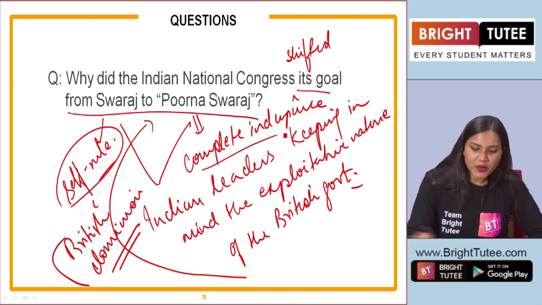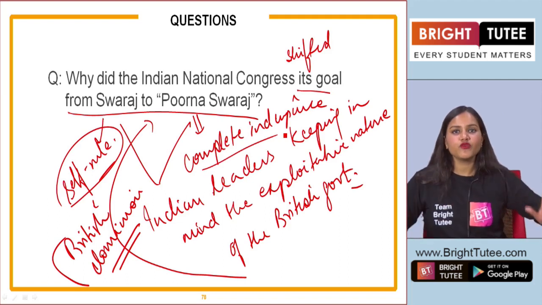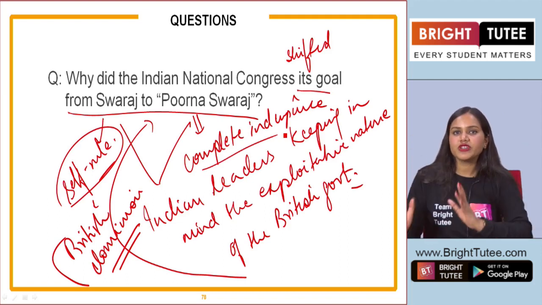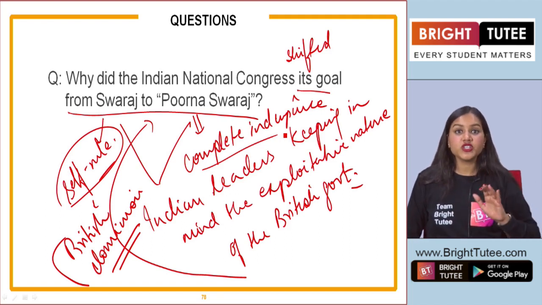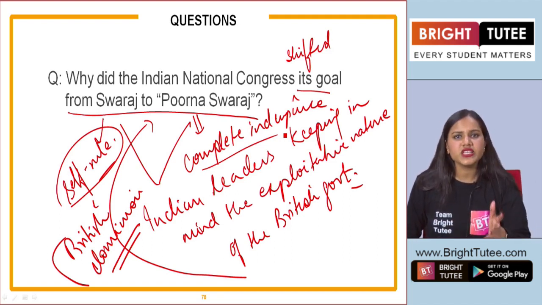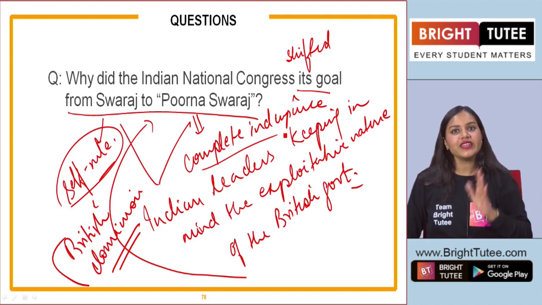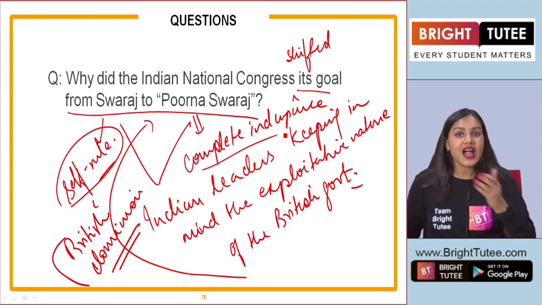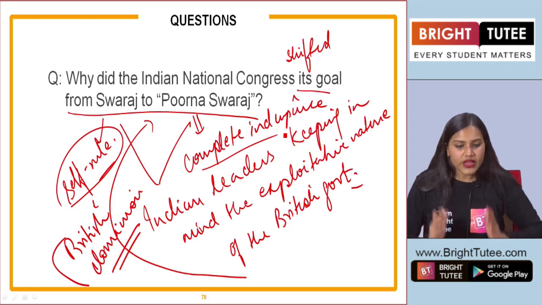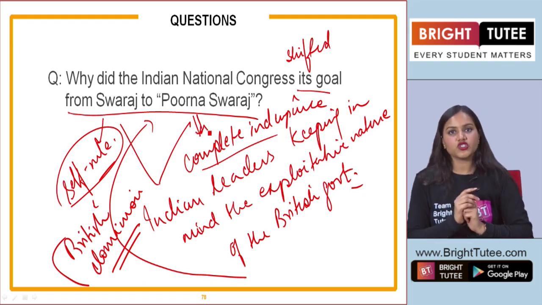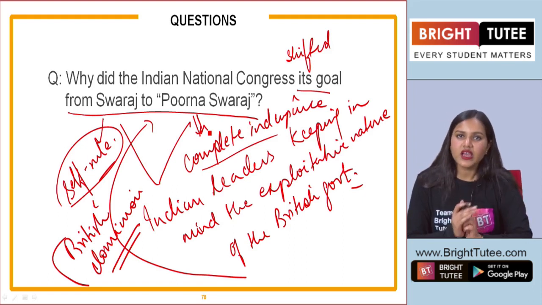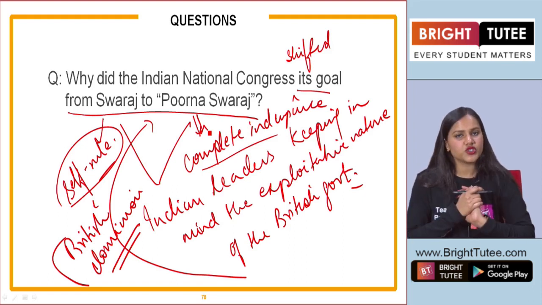But complete independence means freedom from foreign rule, from the British government, completely. So looking at the repressive measures taken by the British government, the way people were restricted, the acts that were passed, it all initiated the aim of Poorna Swaraj, that is complete independence. This is how you have to answer this question here, okay?